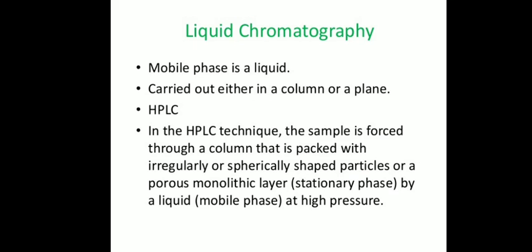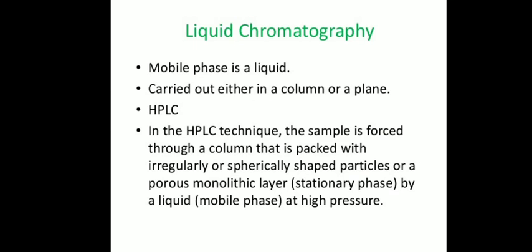Then the next point is liquid chromatography. Here the mobile phase is generally liquid, and this process is carried out either in simple planes or different types of columns, and special equipment is also used for liquid chromatography, which is HPLC, high performance liquid chromatography.